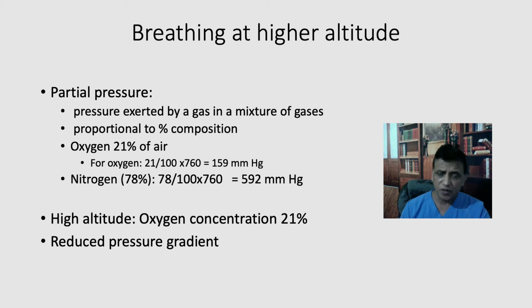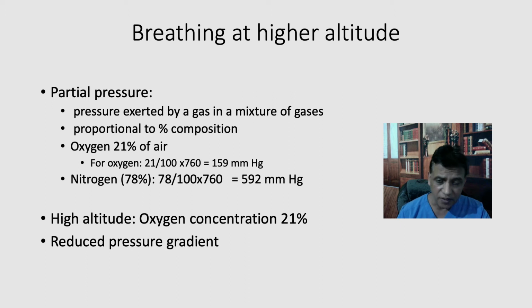So to further cement our understanding of breathing at different pressures, let's talk about breathing at higher altitude. So briefly, partial pressure of a gas in a mixture of gases is proportional to its percent composition. So air is a mixture of gases. 21% of the air is oxygen and 78% of air is nitrogen.